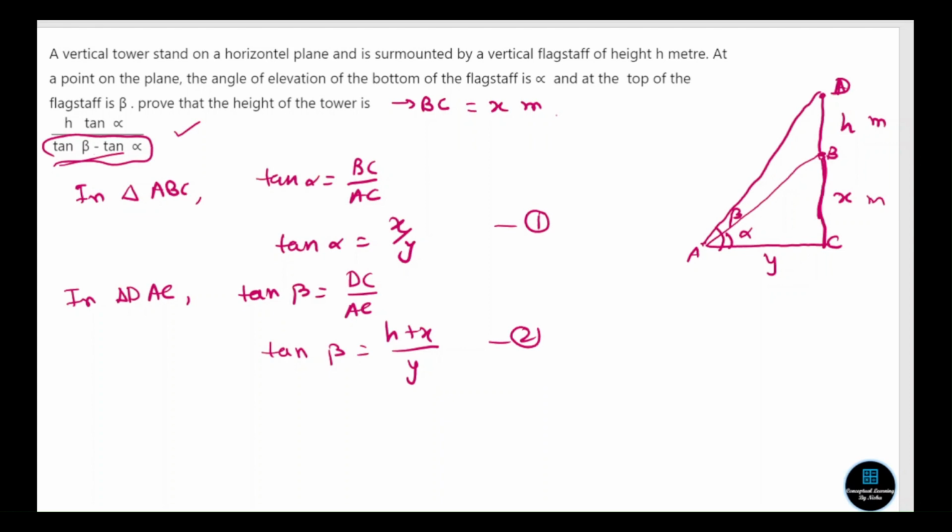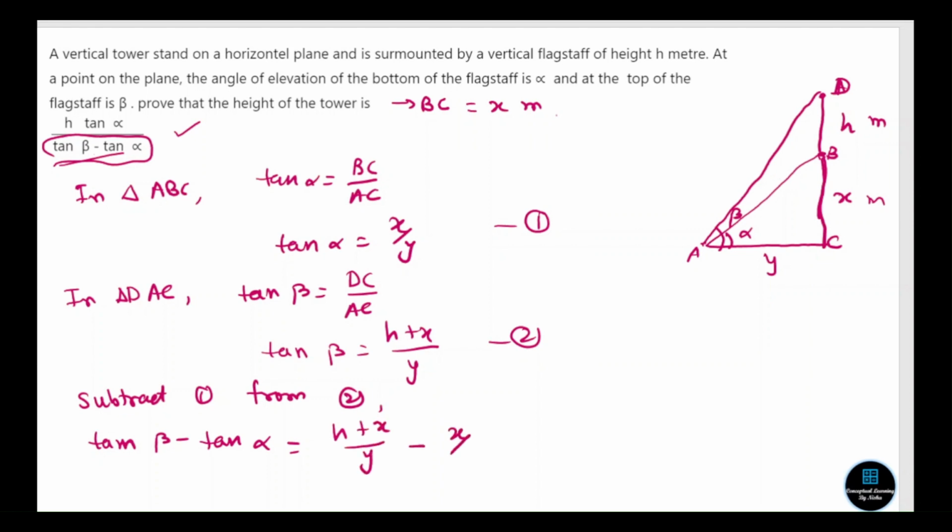So subtract 1 from 2. That is the hint given to me. Okay, I have to take a subtraction. So I'll just take it. So now tan beta minus tan alpha is equals to (h plus x) over y minus x upon y.